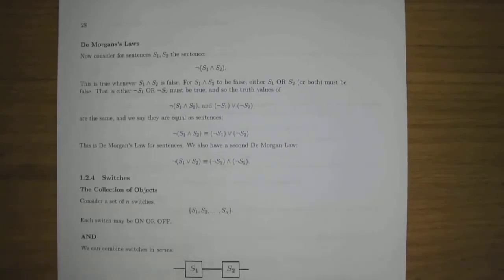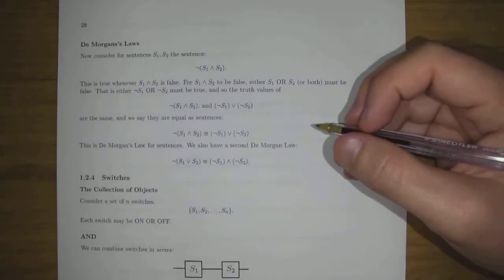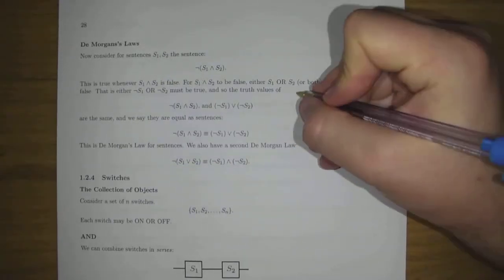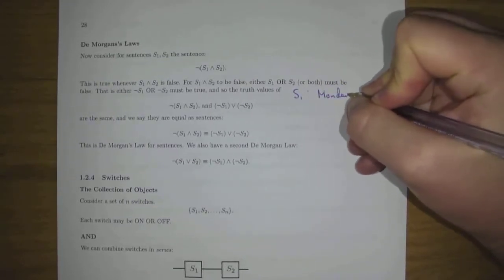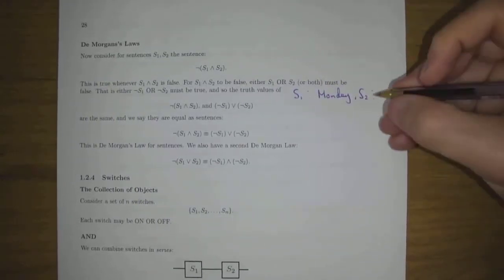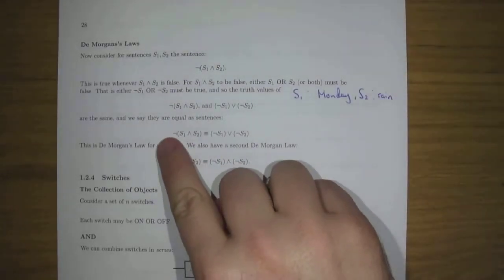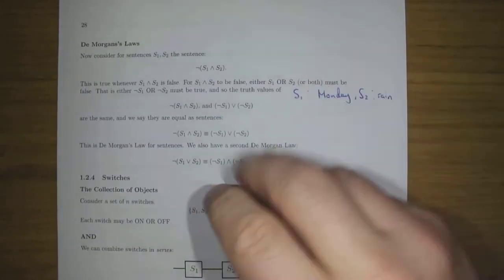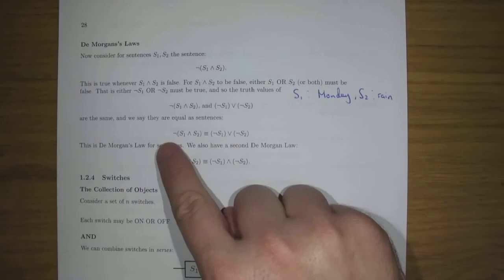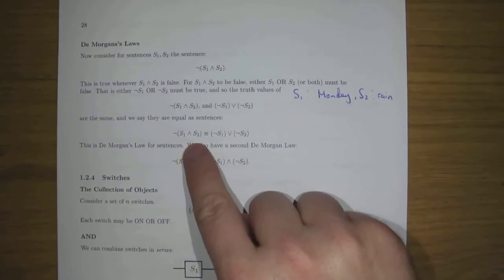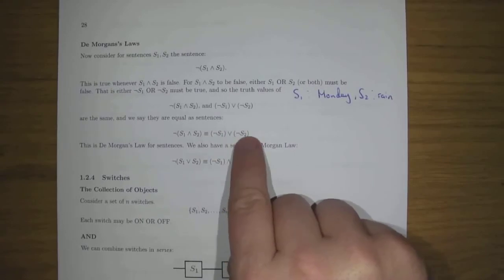So for example, let's say S1 is that it's a Monday, and S2 is that it's raining at this moment. So if it's not Monday and raining, then if that's not the case, it's either not Monday or not raining.